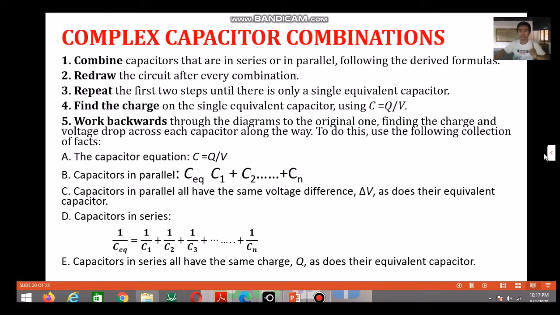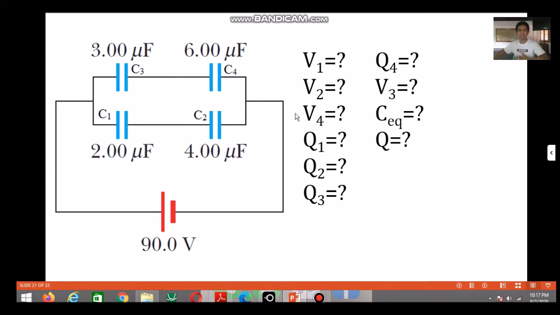So let us have example number 1, where some capacitors are connected in series while those capacitors that are connected in series are also connected in parallel to the other capacitors. Like this one. This is an example of a complex combination of capacitors.